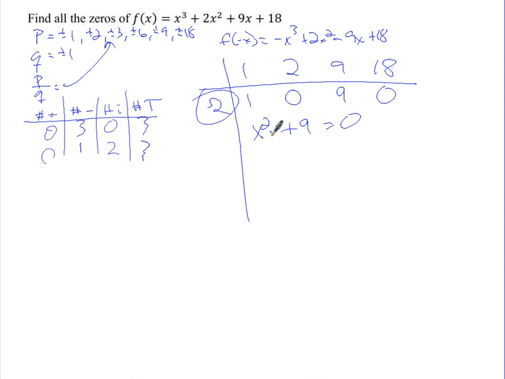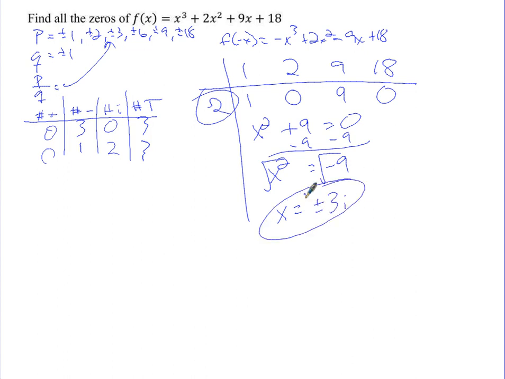I'm just solving for x. How about I use the square root property? Subtract 9 from both sides, and I have x squared equals -9. So I square root both sides, and I get x equals plus or minus 3i. I found all three of them. X equals -2. X equals plus or minus 3i.